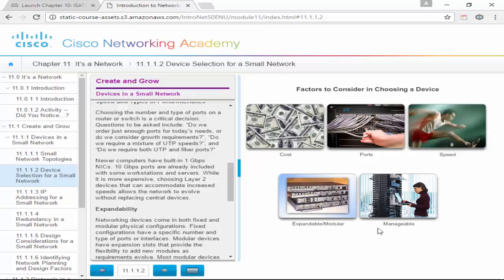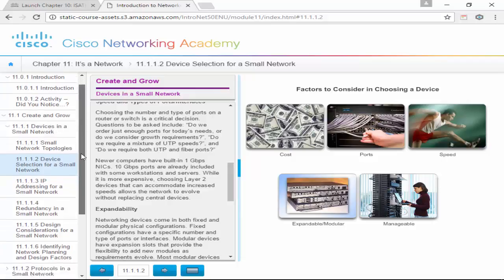Still not that important, but expandable means as the business grows, can we grow with it? We want to keep ourselves from being a flat network and be a scalable and dynamic network, right? Manageable just means we can use all these commands that we've been learning, rather than it being a dumb device that we just plug in and can't do anything with. We don't want something like that.